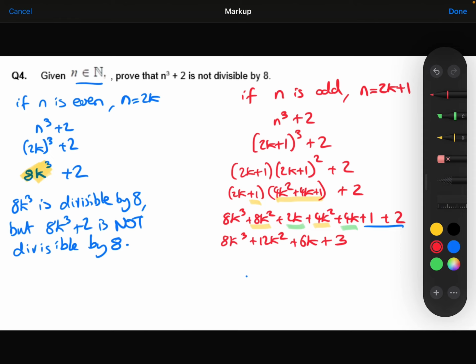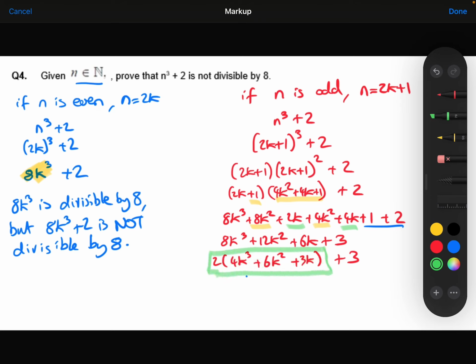Right, now one thing I notice about this is we've got this plus 3 on the end. And I also notice that all of these are multiples of 2. So by factorising 2 out from these terms here, I know that this green bit is even.